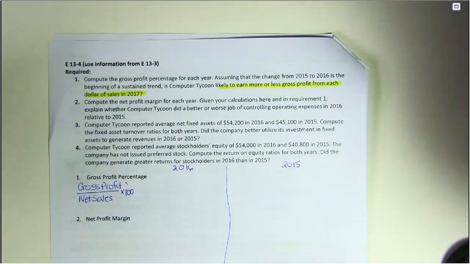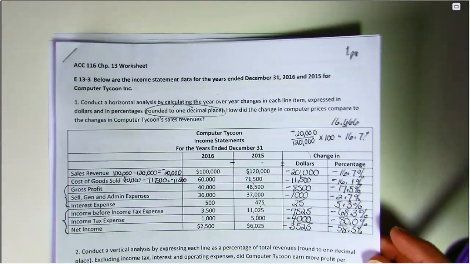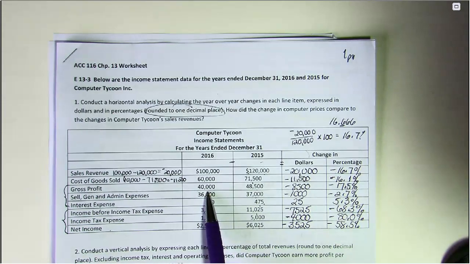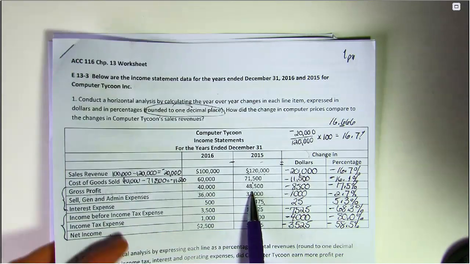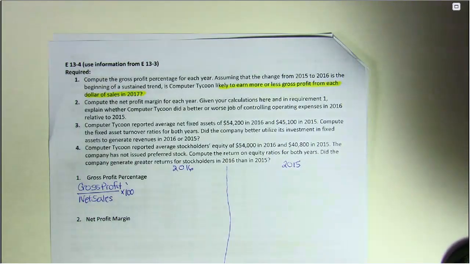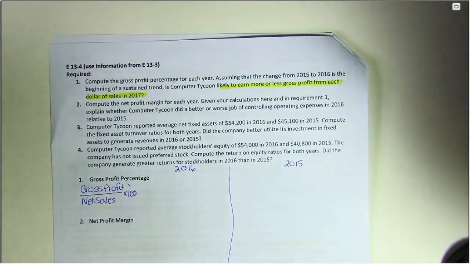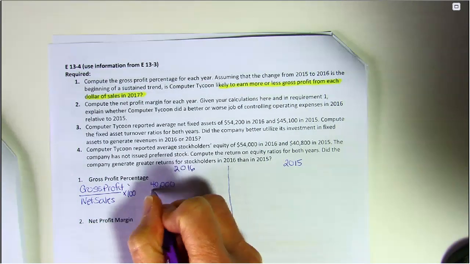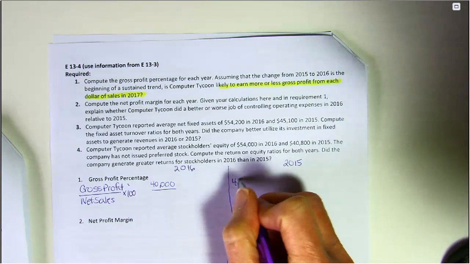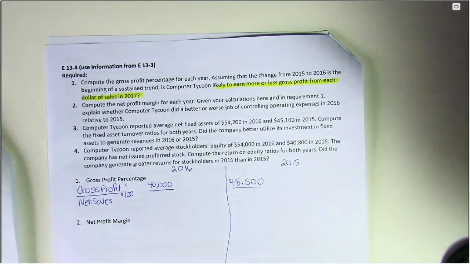So let's look at 2016 as well as 2015 gross profit. Our gross profit for 2016 is $40,000. Our gross profit for 2015 is $48,005. So I just turned back to the first page. And we're going to divide by our net sales.